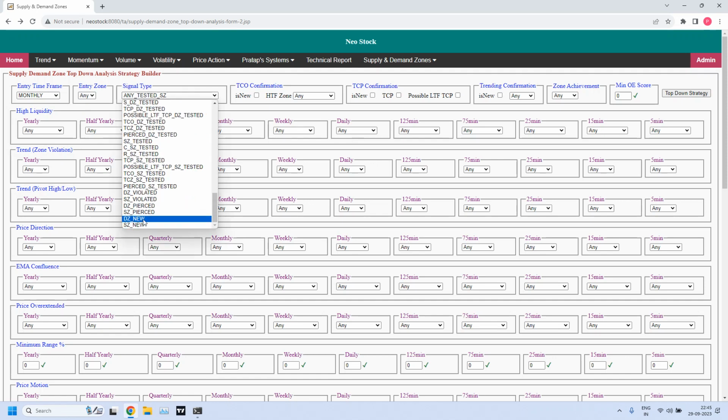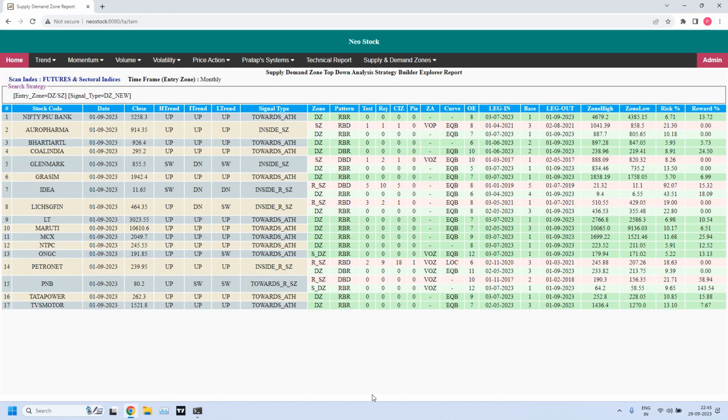let us find newly created monthly demand zones. So 17 monthly demand zones are created during this month. So these stocks have newly created monthly demand zones. And most of them are all-time high monthly demand zones.